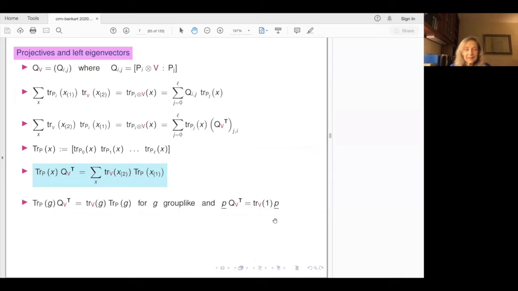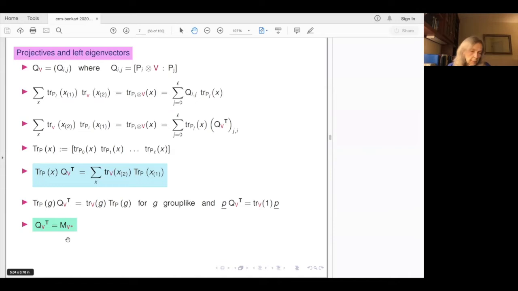So somehow we have to do a little bit of reconciling. And this fact that we proved is extremely helpful here. This transpose of this projective Cartan matrix is really the Cartan matrix of the dual module. And there are similar results that have occurred in a number of different contexts.